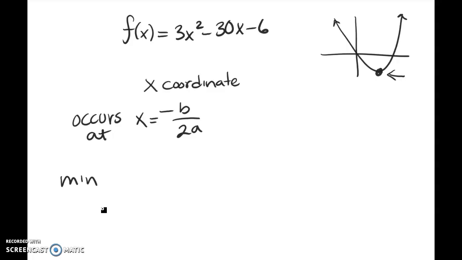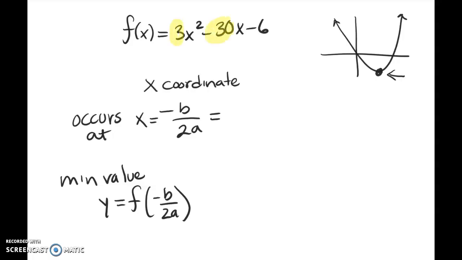The minimum value will be the y coordinate, and that will be found by taking the function and plugging in what we find here. So in this function, the a is 3, the b is negative 30, and the c is negative 6. So let me write those down. A equals 3, b equals negative 30, and c equals negative 6.